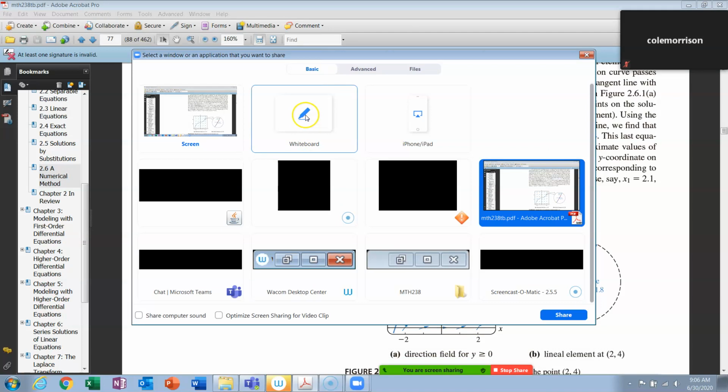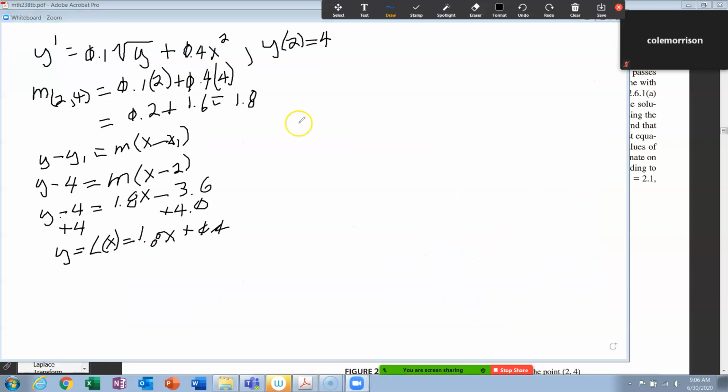Go back to our whiteboard. So let's plug in, we've already done this. This is your linear approximation. So to get y1, let me get my board back here. Where's my pen? There's my pen. Now, this is different in that I'm used to moving around on the keypad. This is always in place. So y1 is going to be 1.8.